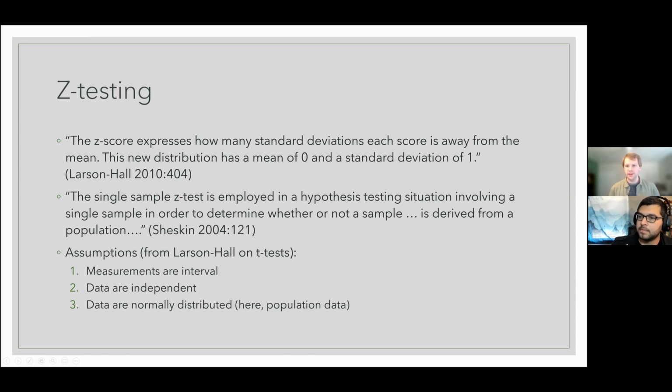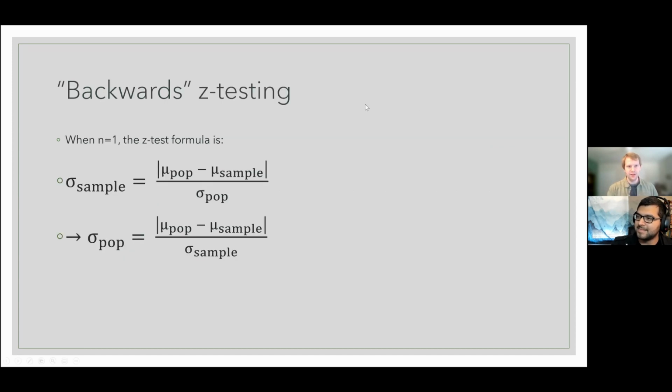We used z-testing. One of the biggest questions that we have after this is done is that we felt like z-testing was a good way to represent this, but it's not the canonical way of doing z-testing. Normally you start with a large population, and you're comparing a particular sample against a population.